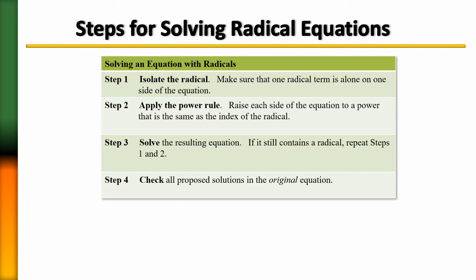In other words, raise each side of the equation to a power that is the same as the index of the radical. In other words, raise each side of the equation by whatever root you're going to be dealing with. Step 3, go ahead and solve the equation for x. And then step 4, always check your proposed solution to make sure that it is indeed your solution.